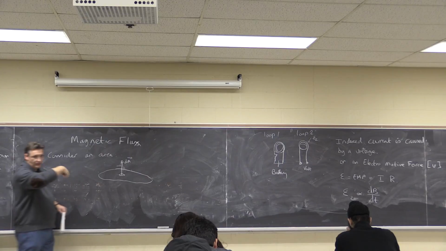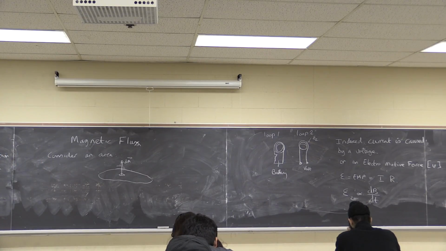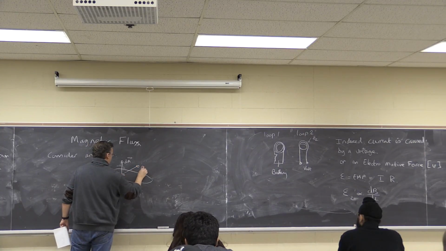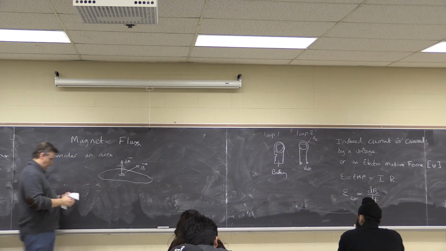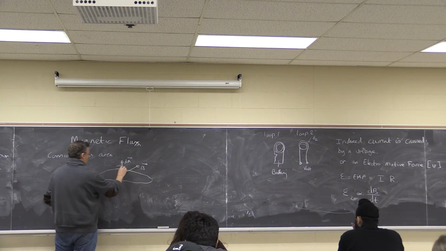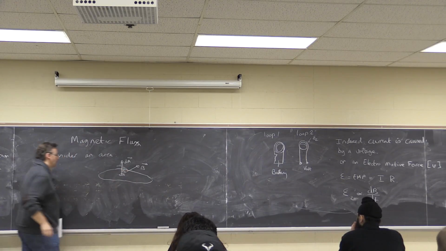So if we take a flat surface, so just taking a piece of paper, cut to some arbitrary shape, and I'm looking at the flux through that surface. And maybe my magnetic field is coming at an angle. And we've got some angle theta in here.